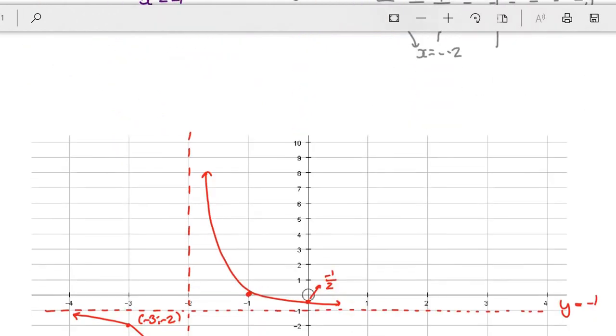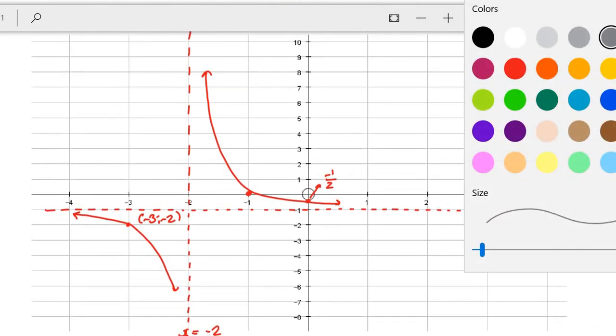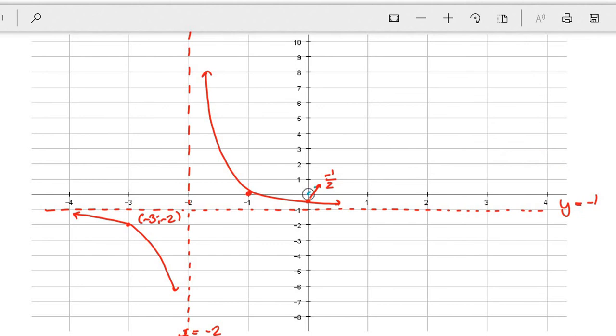Now the only thing I'd want to do quickly is find my axes of symmetry. Don't forget, my original axis of symmetry should have gone straight through there and straight through there. Now they're not going to do that now because I have moved this graph 2 units left and 1 unit down, which means my axes of symmetry are going to go straight through the point of intersection of my two asymptotes.